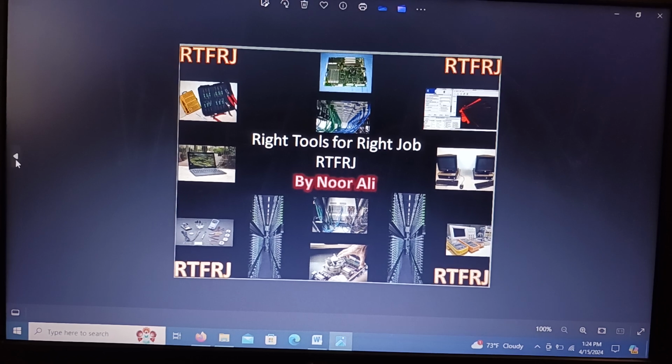We have a very simple, very basic, down to earth, simplified way of teaching, communicating, exploring, learning, sharing, and growing. Right?